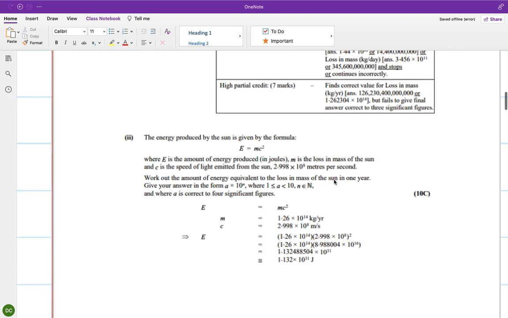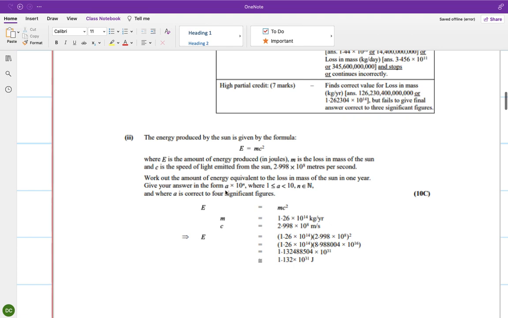Right, part 2. The energy produced by the sun is given by the formula E equals mc squared, where E is the amount of energy produced in joules, m is the loss in mass of the sun, and c is the speed of light emitted from the sun, which is 2.998 by 10 to the 8 meters per second. Write out the amount of energy equivalent to the loss in mass of the sun in 1 year.